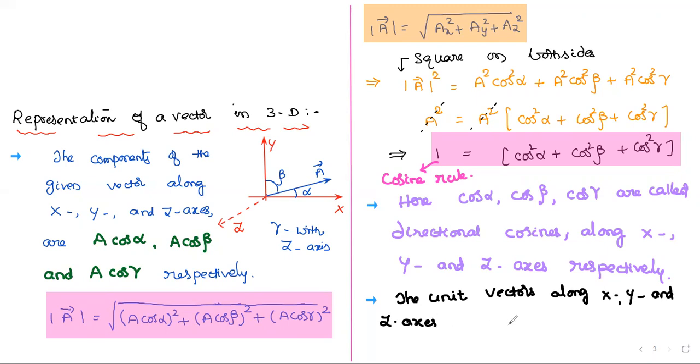Those i, j, k I'm writing here respectively, and they can be written as a subscript x cap, a y cap and a z cap.